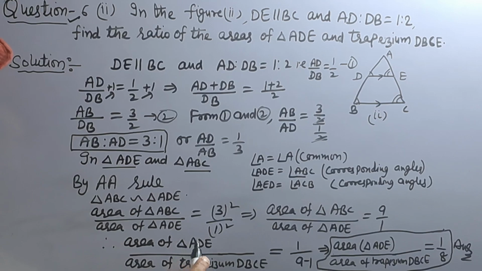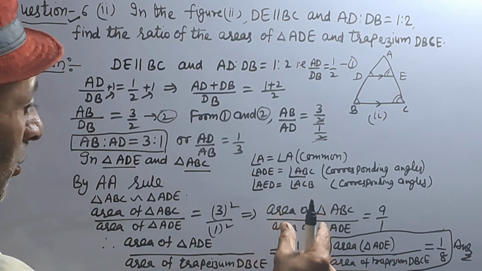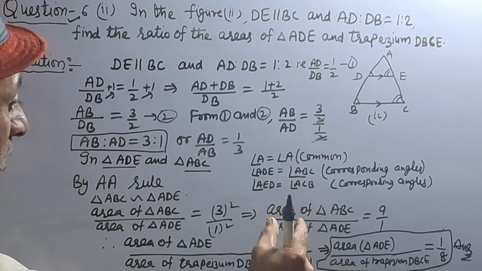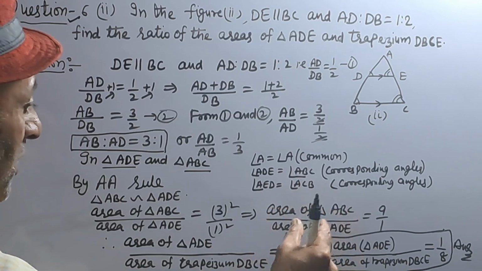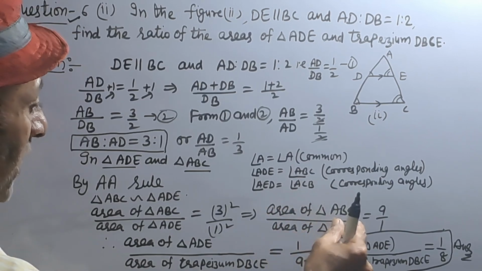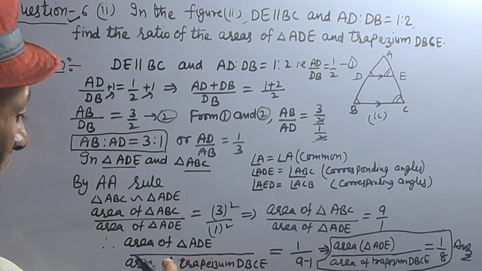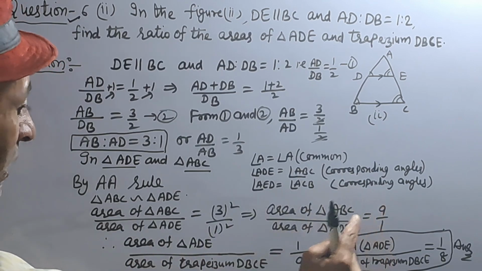Area of triangle ADE, and their reciprocal, is area of triangle ADE upon area of trapezium DBCE, that is area of triangle ABC minus area of triangle ADE, 9 minus 1.